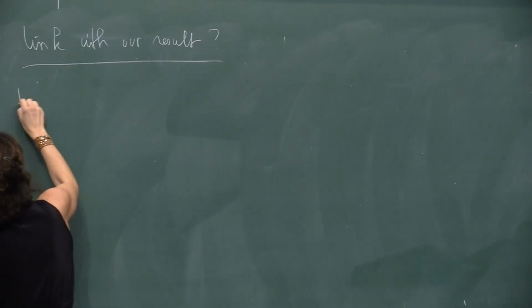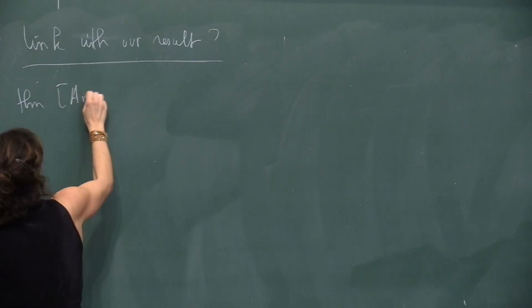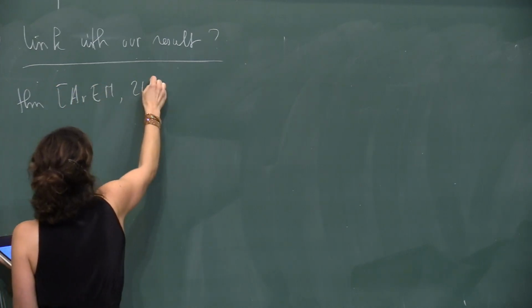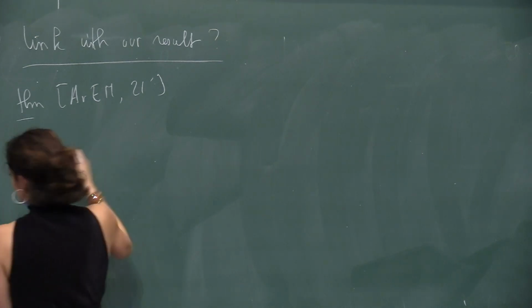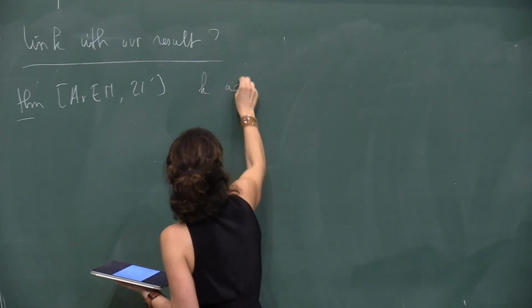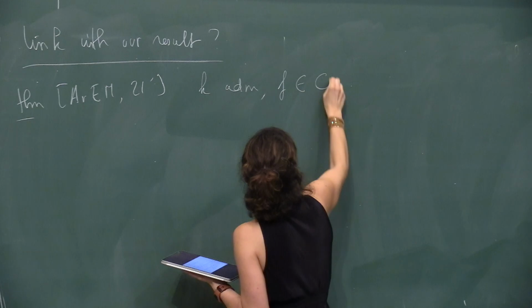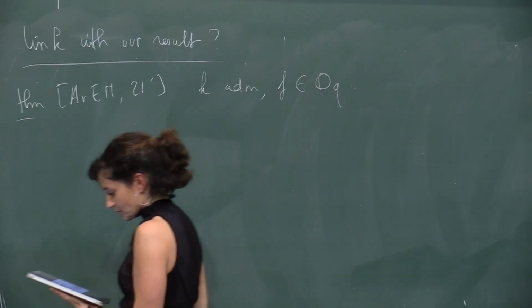So assume as before, k admissible, and I pick F in the corresponding nilpotent orbit O_q.